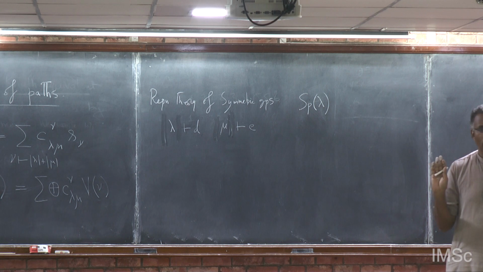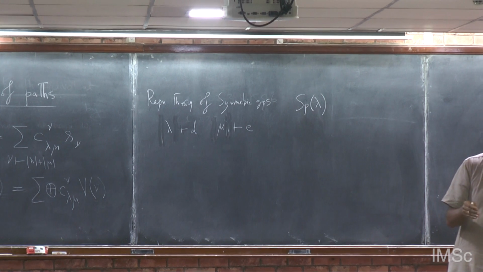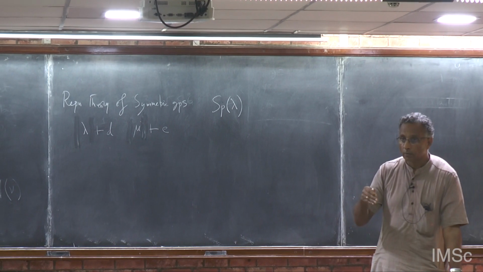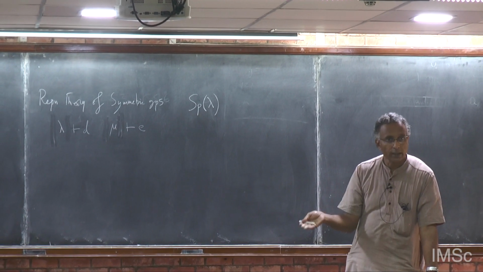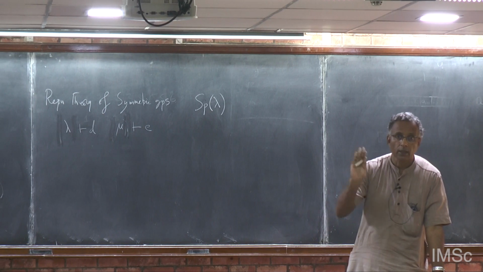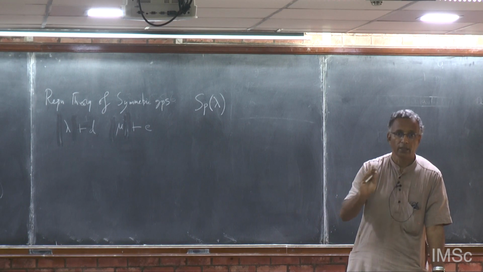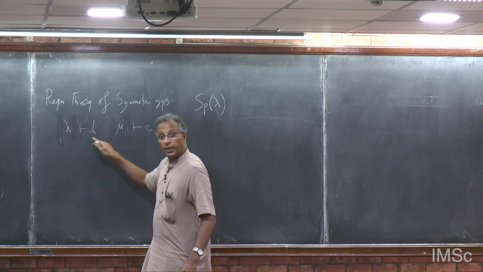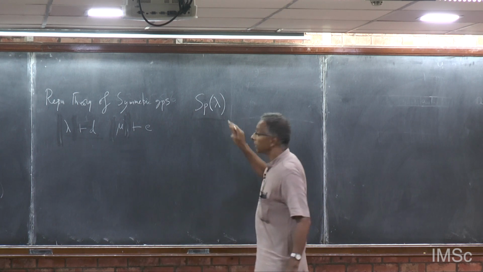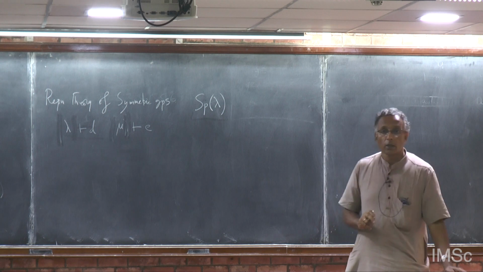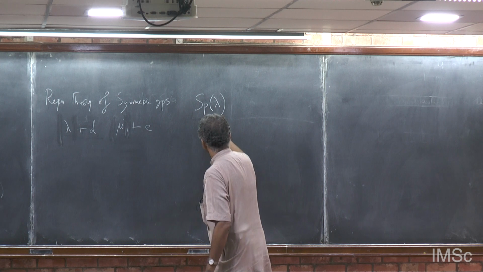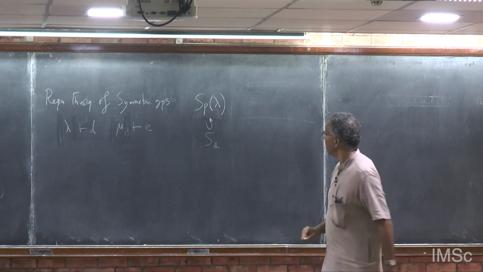All that is relevant is that the irreducible representations of a symmetric group S_D, meaning on D letters, over the complex numbers, are as many as there are partitions of D. So given a partition of D, I can associate to it a representation of S_D.